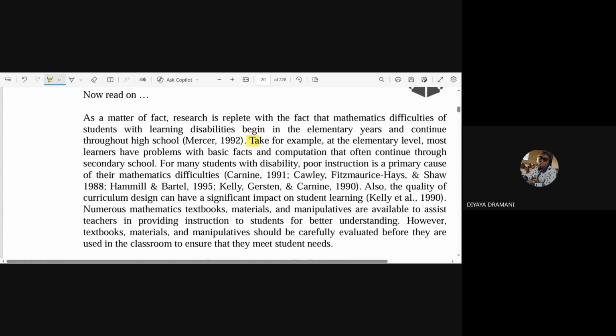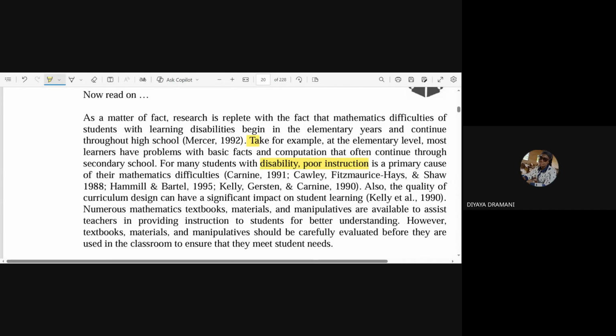For many students with disability, poor instruction is a primary cause of their mathematics difficulties. That's according to Canine, 1991, Cowley, and the others. Also, the quality of curriculum design can have a significant impact on student learning. That's also Kelly et al.